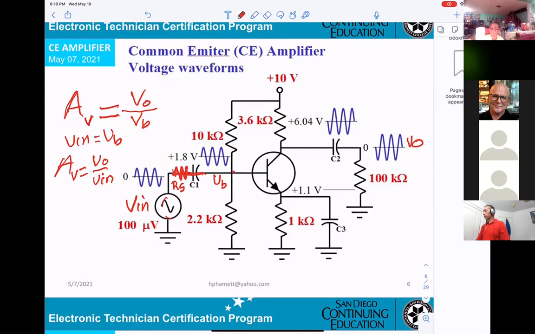Well, what does the RS do? It doesn't matter. They give the output resistance for the source. You don't care what they're doing, but you care that they put a resistor there. And that's only telling you what? VB and V in are not the same.